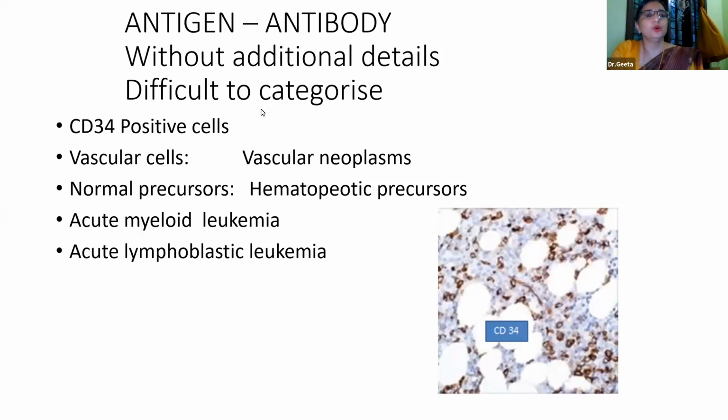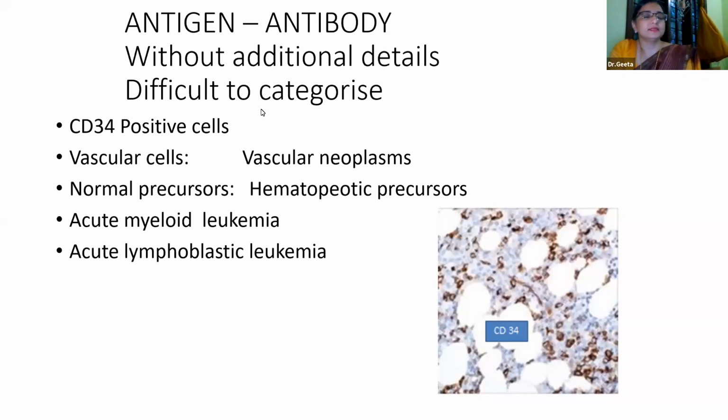So we all know that a single antibody can be expressed by various types of cells. For example, here I've shown CD34 positivity. This can be seen in a vascular cell. It can be seen in a normal hematopoietic precursor. It can be seen in a blast of myeloid lineage or a blast of lymphoid lineage also. So now, differentiating these would require further interrogation with further antibodies.